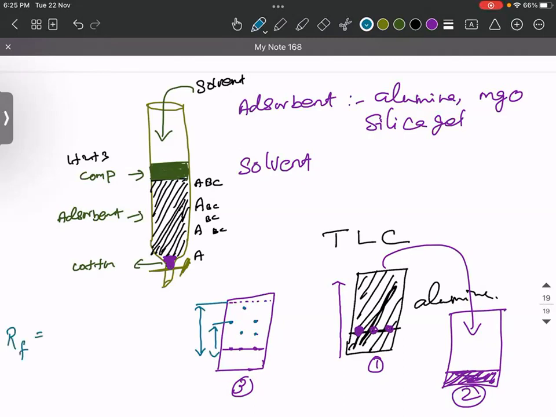So the distance traveled by the solute from the baseline, this is the one.